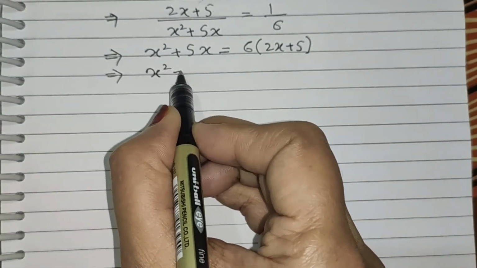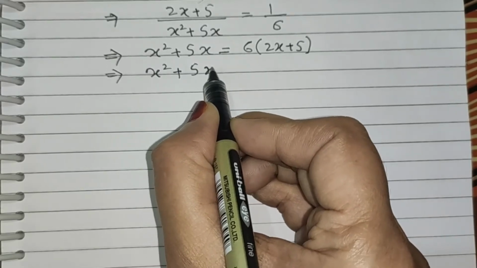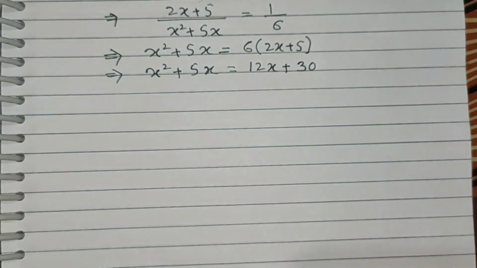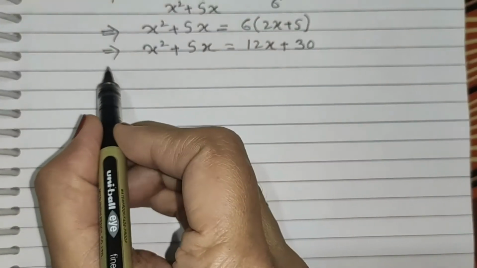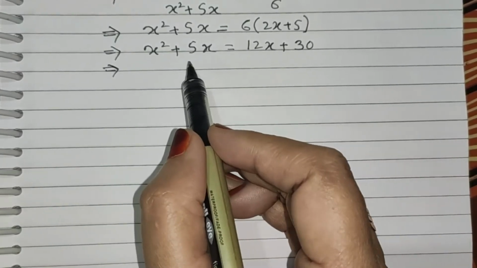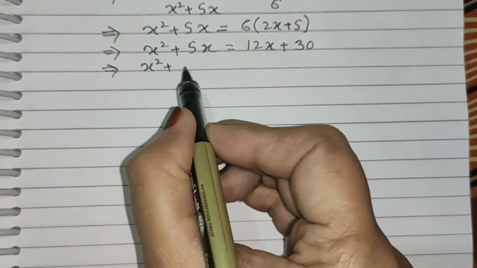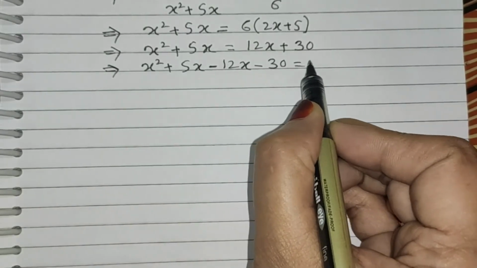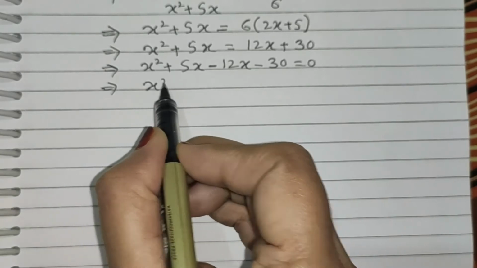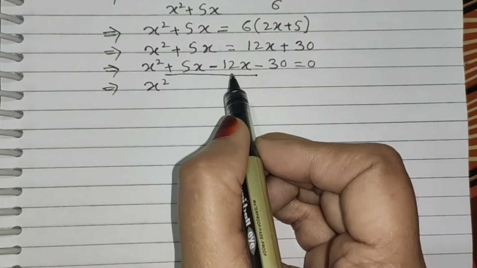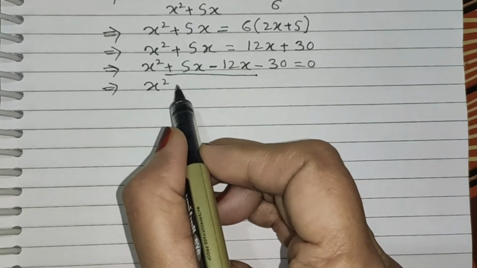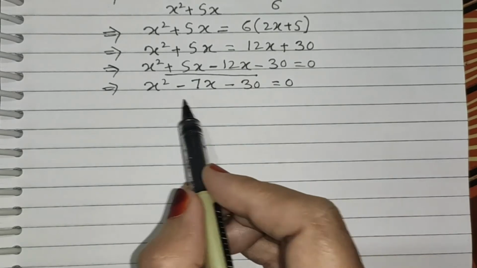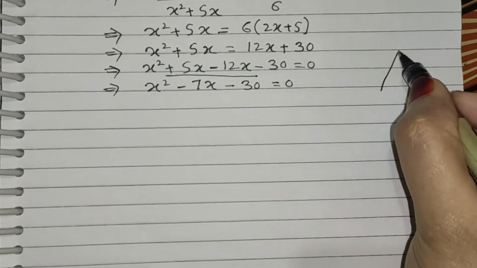Therefore, x square plus 5x is equal to 12x plus 30. Now taking all the terms to the left hand side, we get x square plus 5x minus 12x minus 30 is equal to 0. Now solve it. x square plus 5x minus 12x, both are like terms, minus 7x minus 30 is equal to 0. Now we get a quadratic equation here.